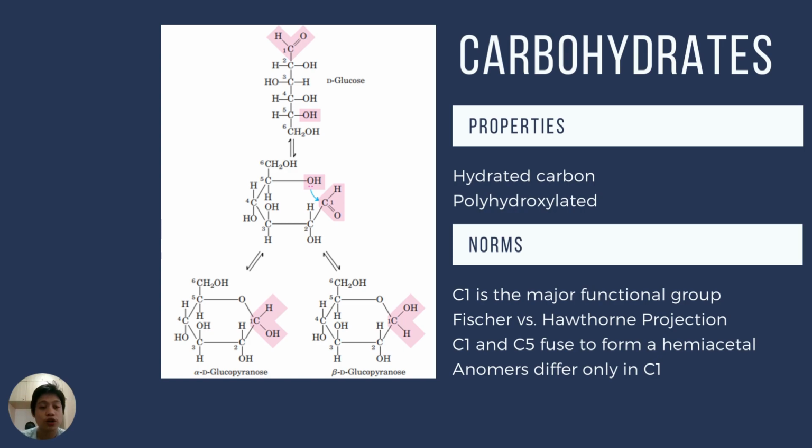You will see here the molecule of glucose, which is projected in the Fischer projection or fishbone projection. Carbon number 1 is different from all the rest because at carbon number 1, highlighted in pink, you will see the aldehyde functional group, whereas all the other carbons only have an alcoholic functional group. Therefore, carbon number 1 contains the aldehyde group.